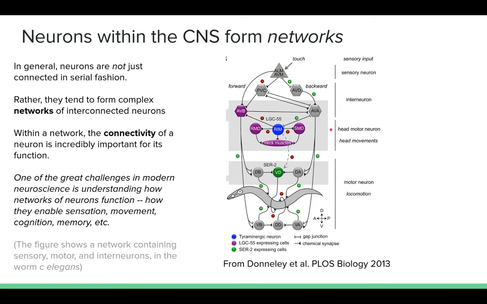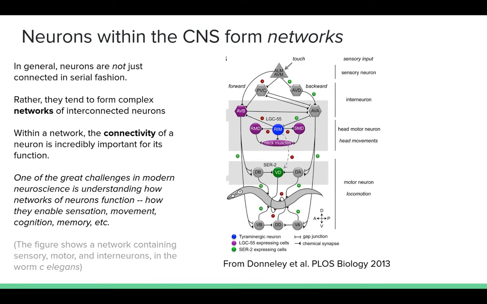One of the great challenges in modern neuroscience is understanding the structure of these circuits, understanding how individual neurons connect to one another and the nature of those connections, and understanding what the function of those connections is, how they enable our abilities for sensation, for movement, for cognition, and so forth.